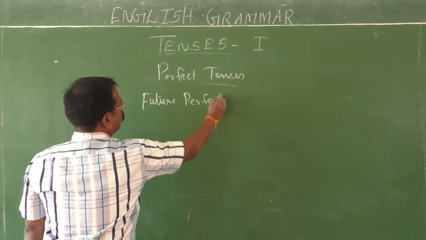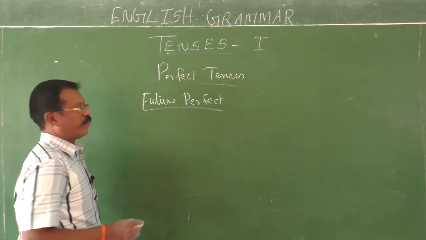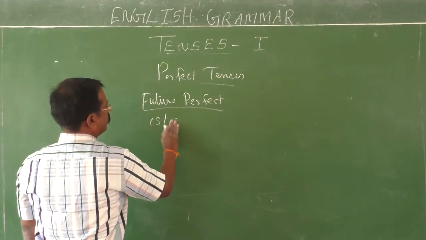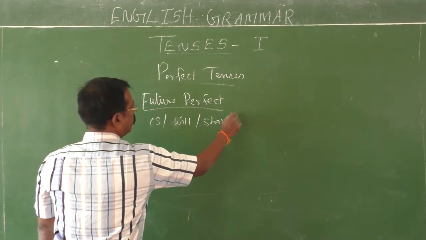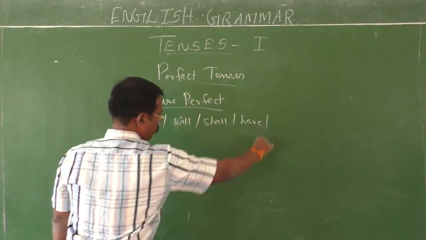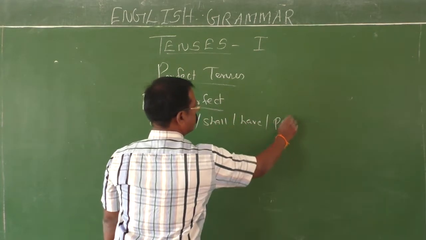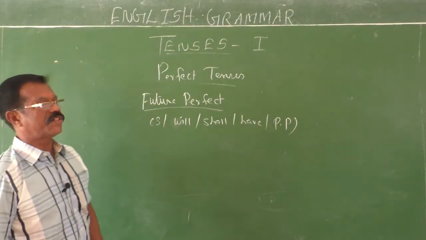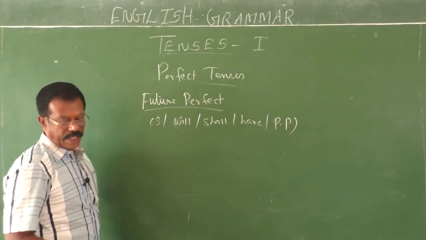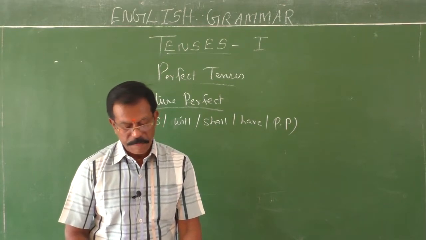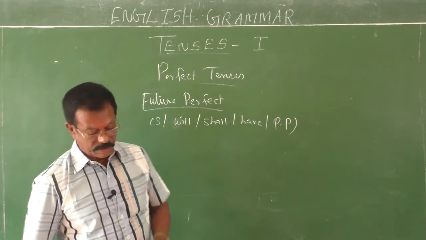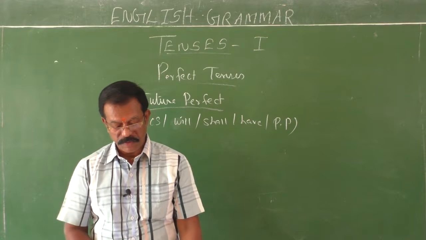Future perfect. What's the significance of this future perfect? Yes, subject, will, shall, plus have, plus past participle. This is a sentence structure. We have to use this sentence structure to frame sentences in the future perfect.